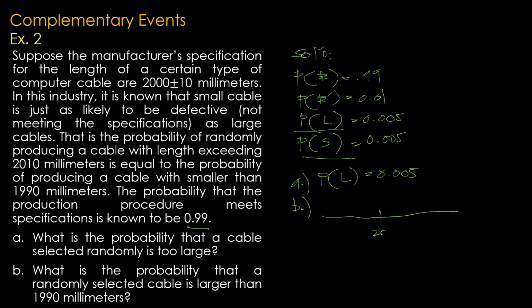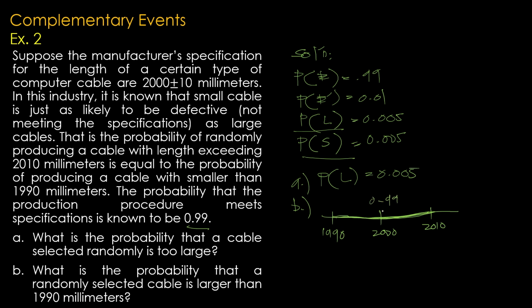So you have here 2000, and you have 2010 and 1990. Again, we know that this industry has been manufacturing cable with a plus and minus 10 mm difference. So within this range, the probability of getting these values is 0.99.